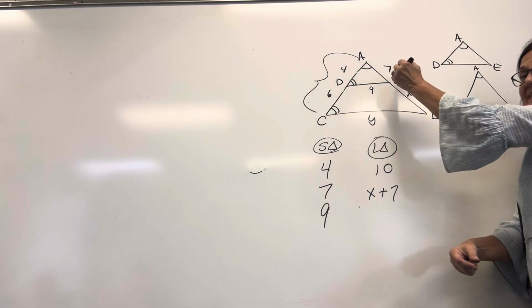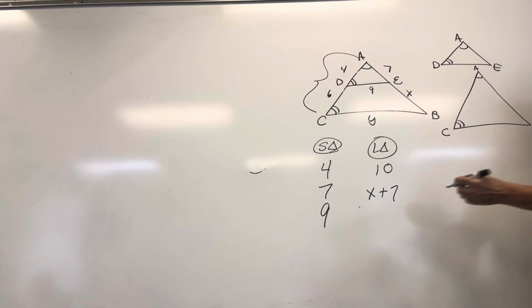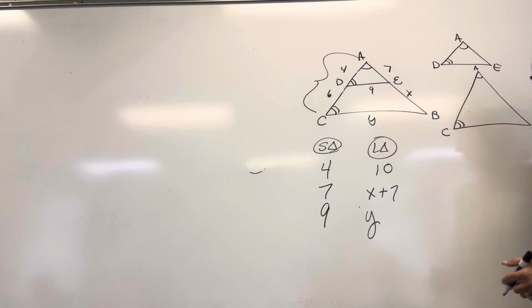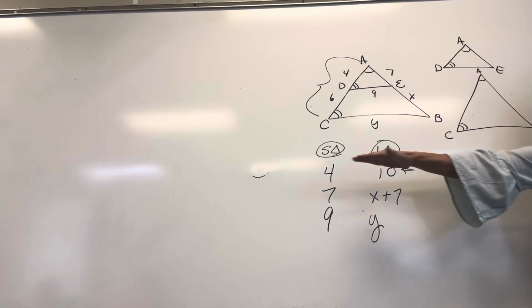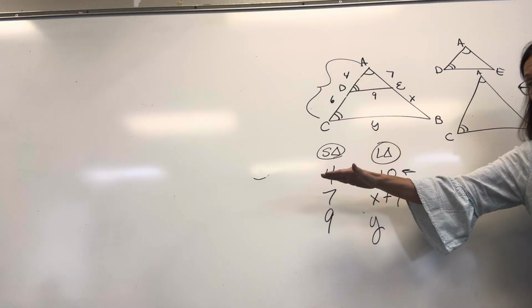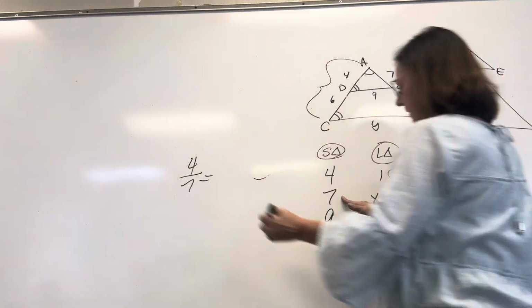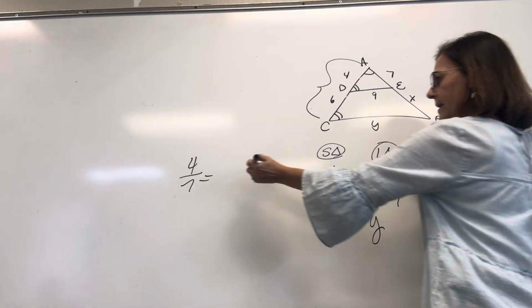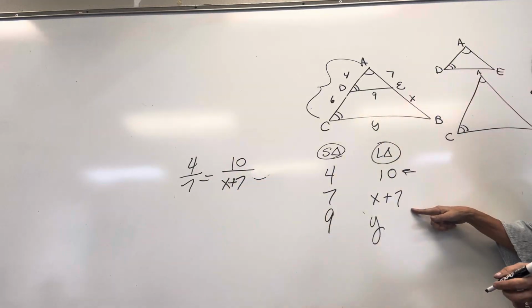We add that distance to that distance. And then what side corresponds to 9? Y. So in this first row is where I have both numbers. So I'm using that in both of my proportions. I'm going to write 4 over 7 equals 10 over x plus 7.